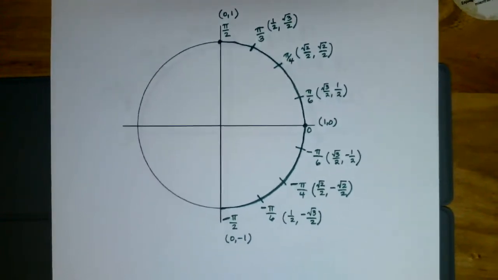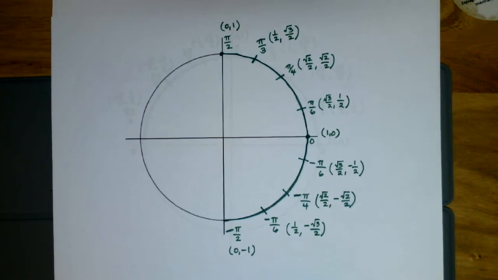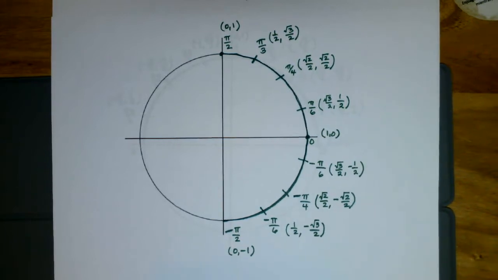This is for the inverse sine of any angle. You're going to be looking at the y value, because sine is always the y coordinate, and then you match it up with that angle measure. I've only put this in terms of pi, as you can see.